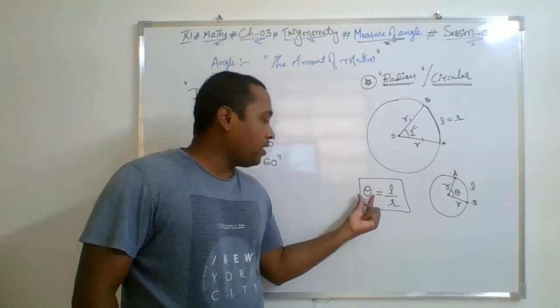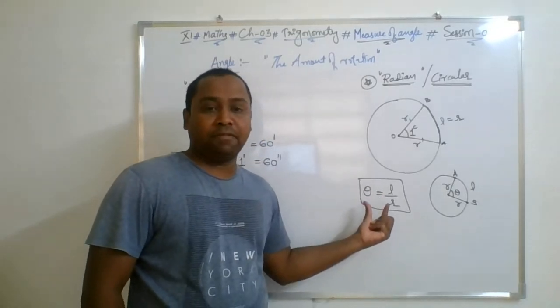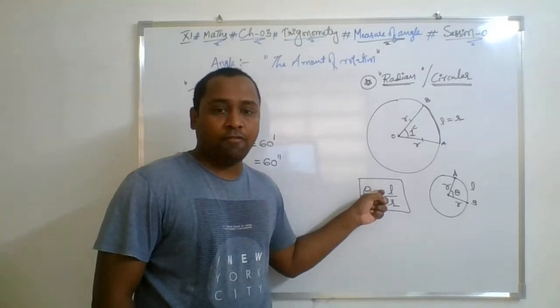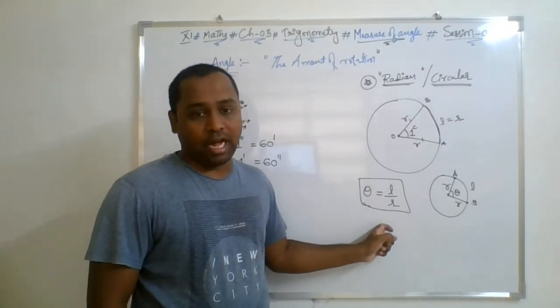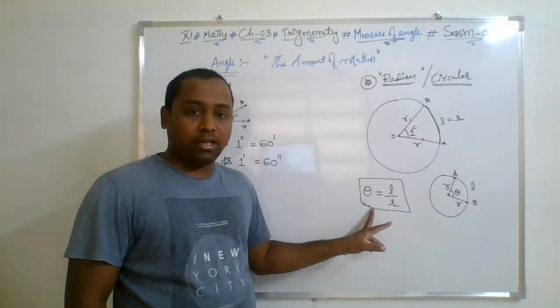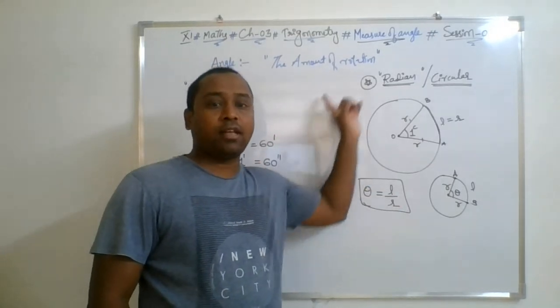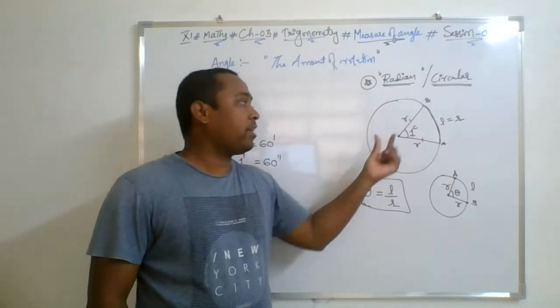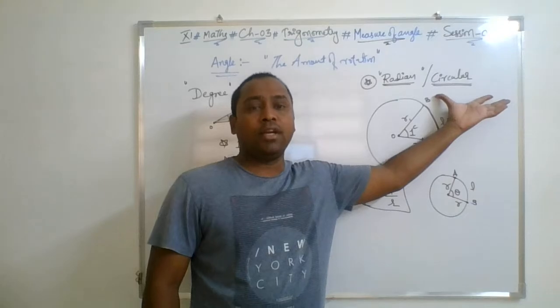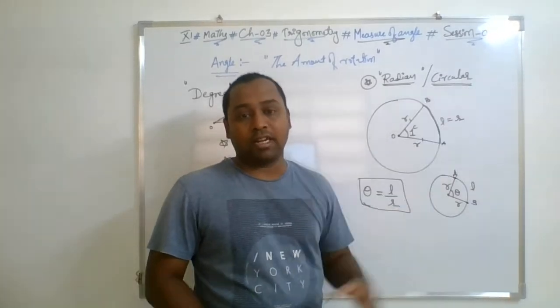So the radian measure is basically defined as the ratio of the length of arc to the radius of the arc, and this radian measure is defined in the circle only. That's why it is sometimes termed the circular measure of angle.